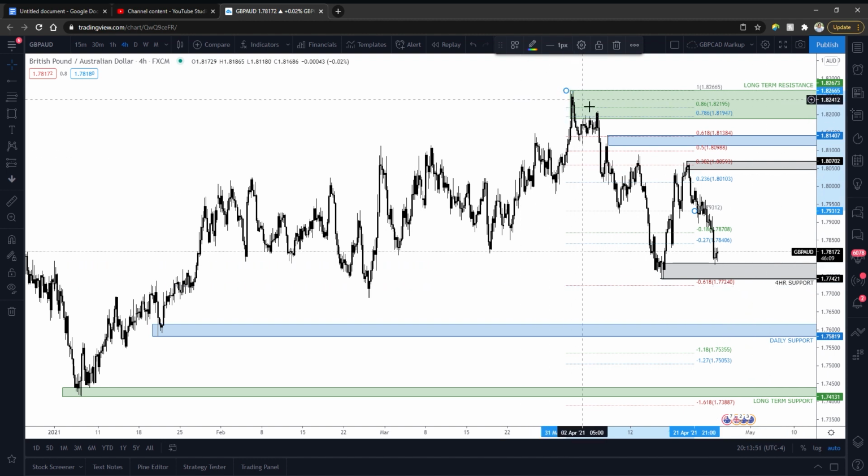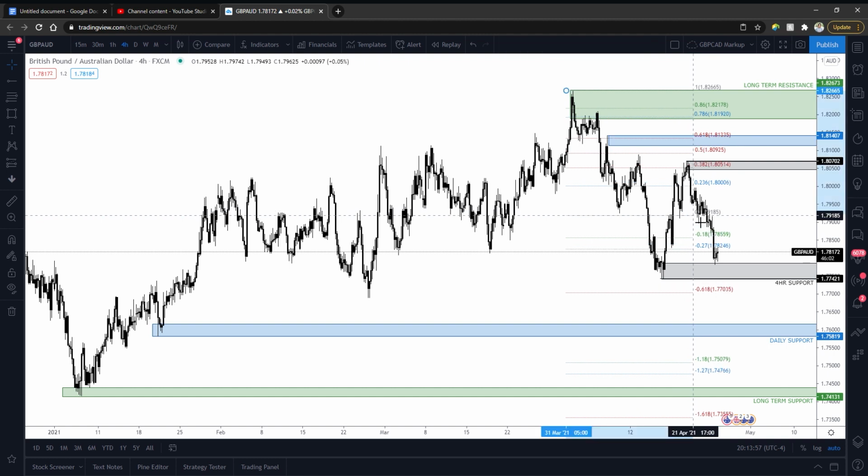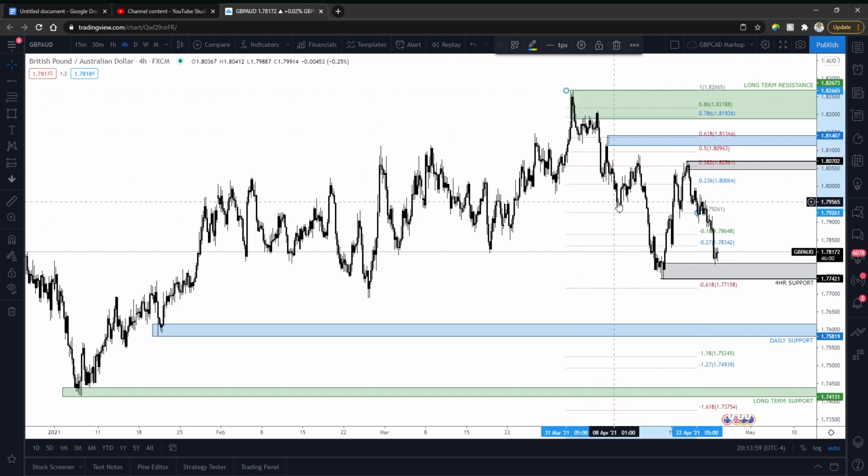I have A, then I have B. Here, let me line this up a little bit better. A, B, C, pull back, right, to the D extension. It couldn't make it quite exactly, but it's in the zone, right? We're within 30 pips. And then it pulled back to the 38.2. So again, it tried to come down to this area, and it created a higher low, right now is what it looks like. So it couldn't break through 4-hour support.